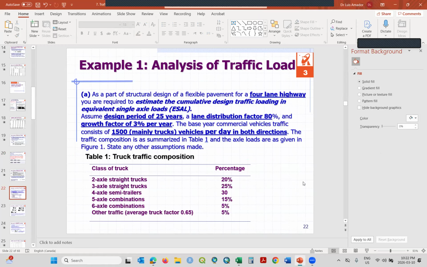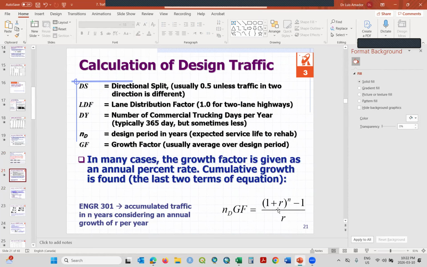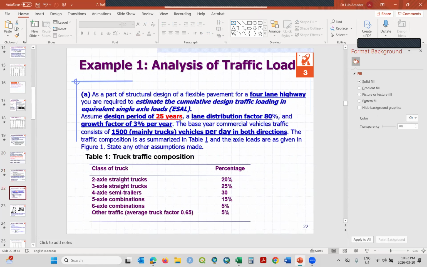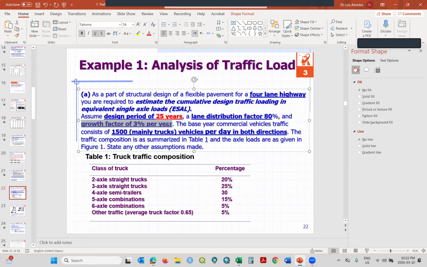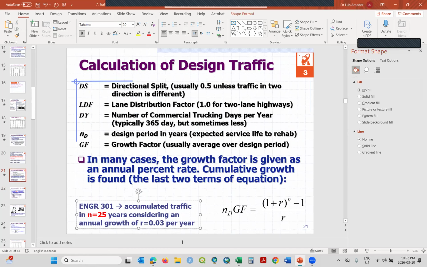We're going to assume a 25 years design period. So when you go here, your N, in this case, is 25 years. And we're going to use a growth factor of 3% per year. So if you go back here, that means that your R is 0.03, which is 3%.